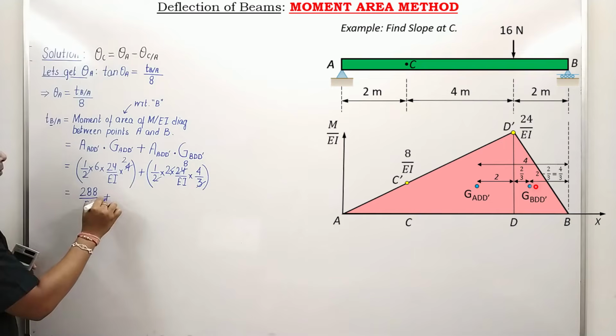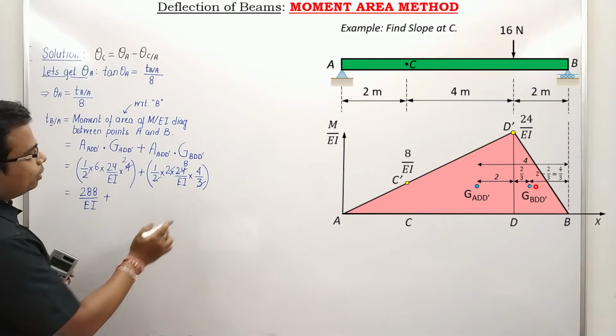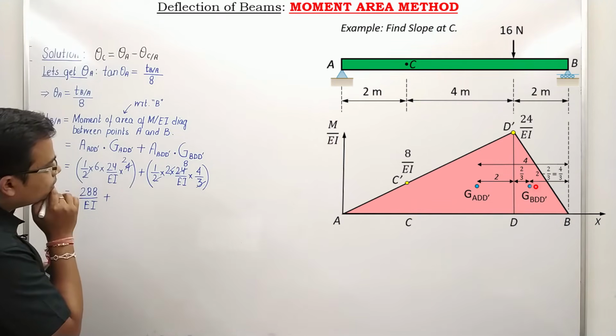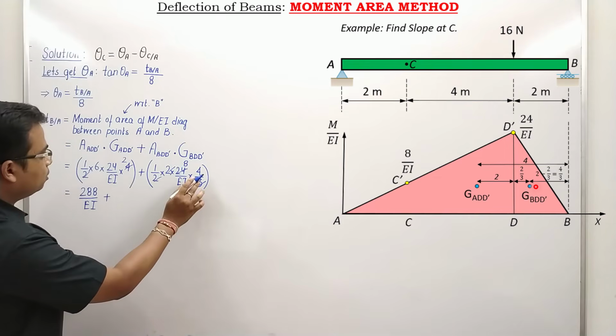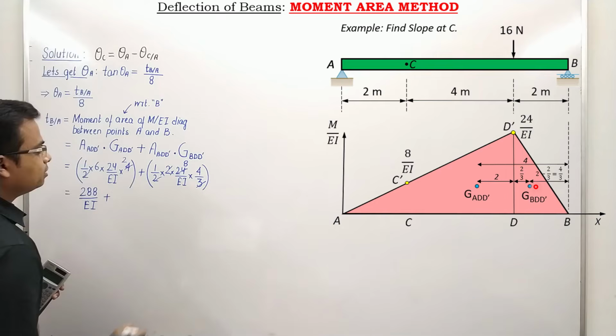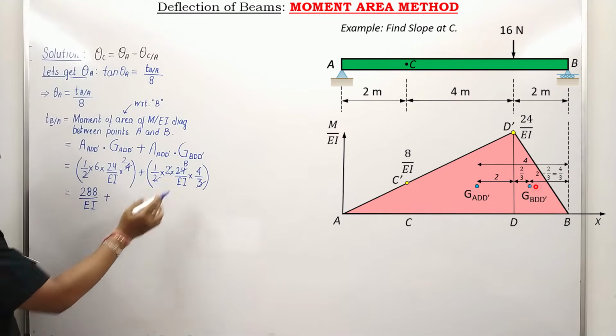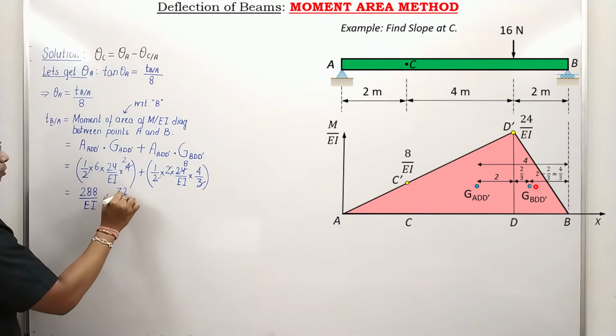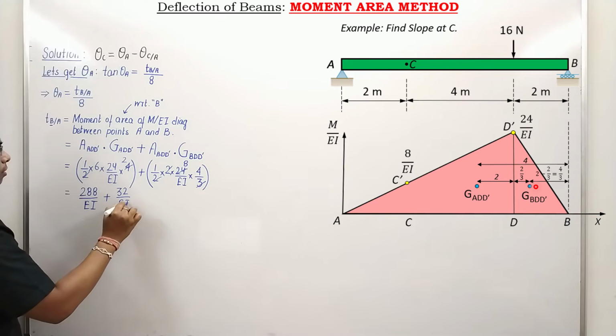Plus this over here: the 2 has also been cancelled, 2 and 2 cancel out. 3 times 8 is 24, 8 times 4 is 32. So that's 32 over EI.